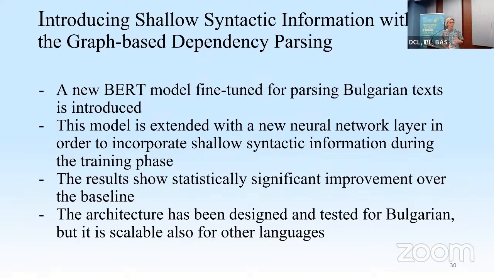And the results up to now show statistically significant improvement over the baseline. Not too much, but statistically significant. The architecture has been designed and tested for Bulgarian, but also for English, because we wanted to show that this method works also for another language. But as I said, there is more to do.